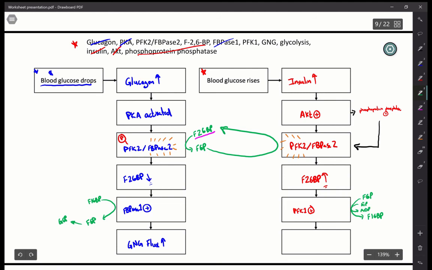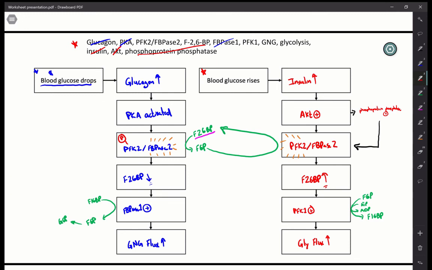This is the third step in glycolysis, and of course that's going to go on to the rest of glycolysis. So we can say here in our last little presentation that glycolytic flux increases. And that's all in response to insulin signaling.